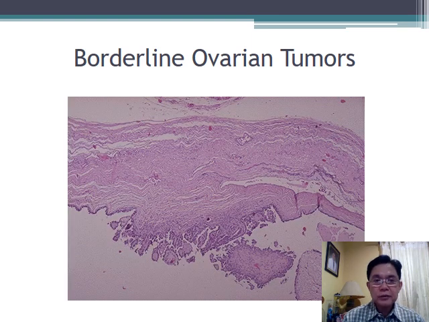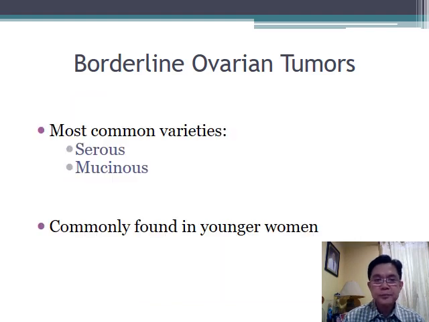This is a microscopic picture of a borderline ovarian tumor. What is important, as I mentioned earlier, is that there is no invasion of the ovarian stroma, and your tumors are in several layers with papillary projections. But the most important is there is no invasion of your ovarian stroma.